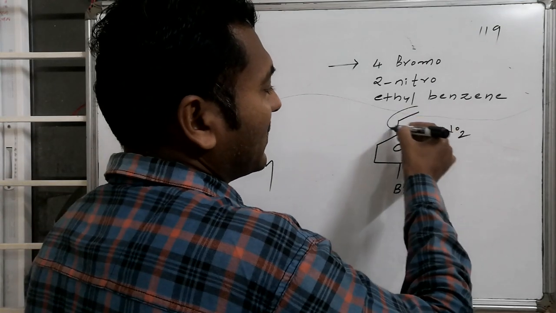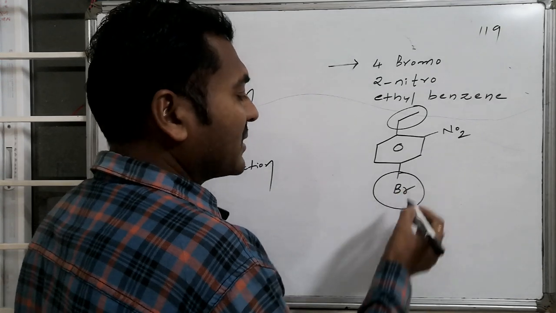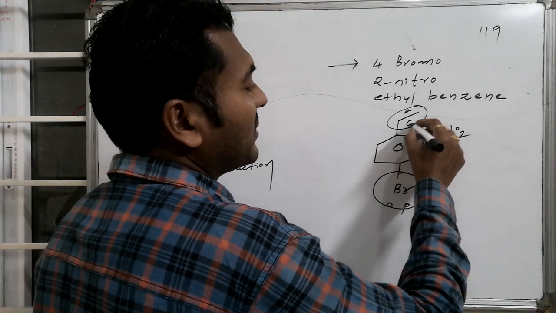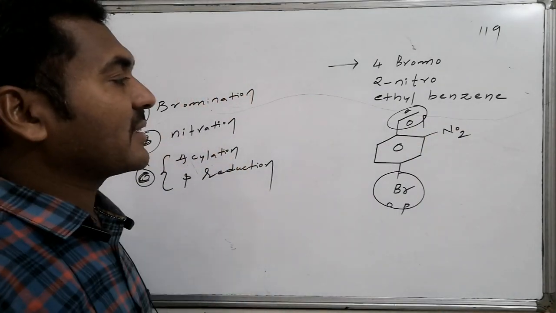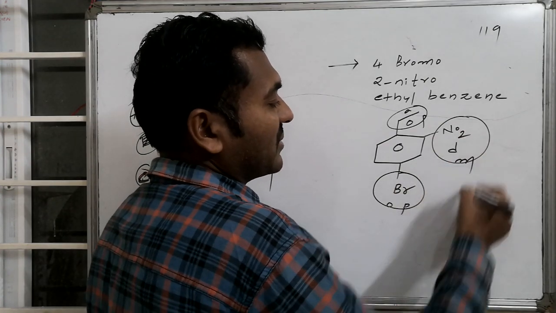This ethyl group is activating and ortho para directing, bromine is a deactivating group but it is also ortho and para directing, and the nitro group is deactivating followed by meta directing.